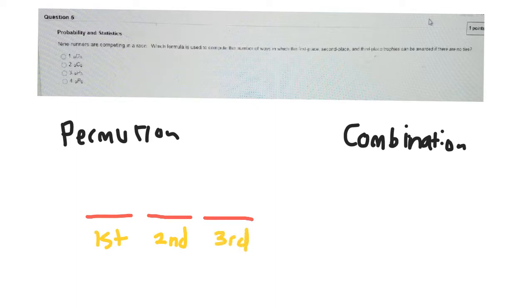Now let's say that the names of the athletes, there's 9 of them, are, strangely, A, B, C, D, E, F, G, H, I. So the reason order matters is, let's say these are 3 underlines that represent the event of winning first, second, and third place.